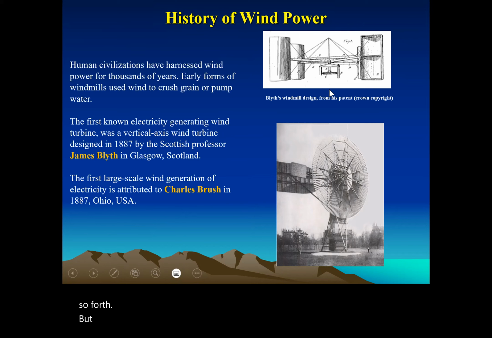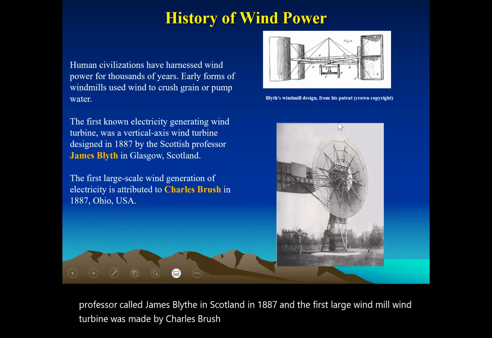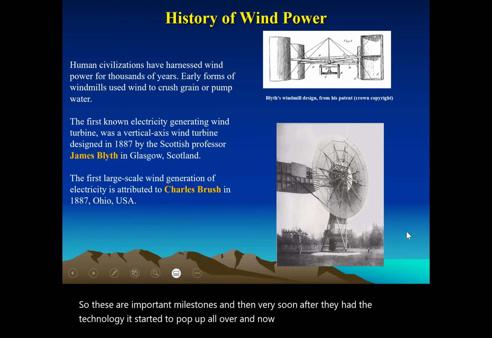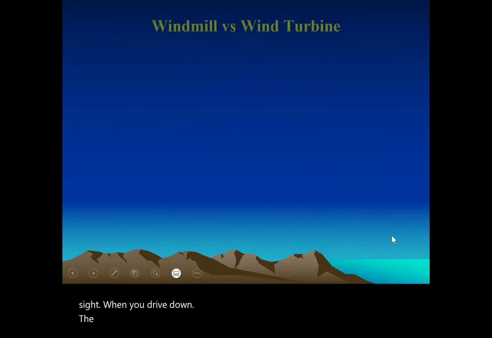But the first known electricity generating wind turbine was designed by a professor called James Blyth in Scotland in 1887. And the first large wind turbine was made by Charles Brush in Ohio in the USA. So these are important milestones. Very soon after they had the technology, it started to pop up all over, and now wind turbines are a common sight when you drive through the different states of the USA.